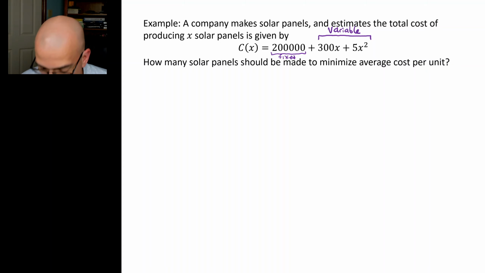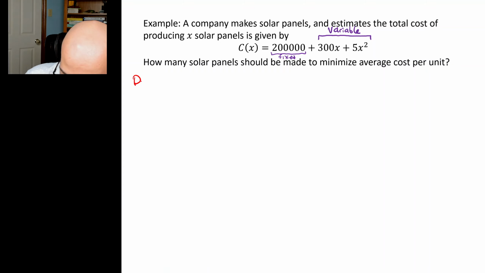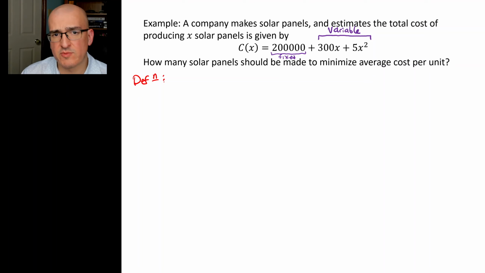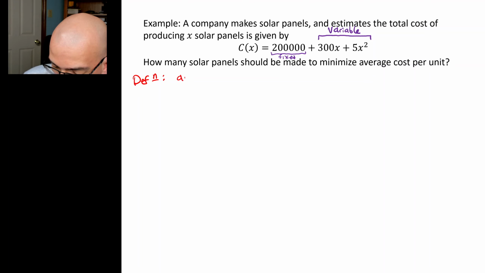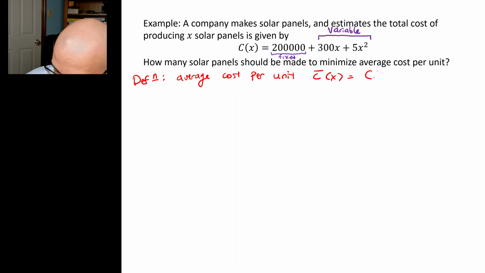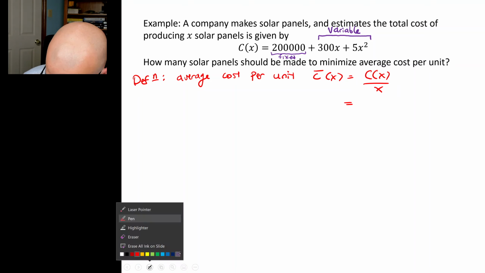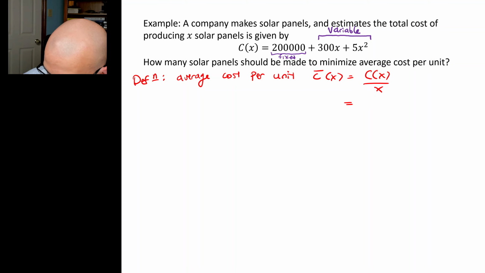So now we need the definition of the average cost per unit, which is on one of the previous slides. Definition: average cost per unit, C bar of x, is equal to C of x divided by x, which is 200,000 plus 300x plus 5x squared, all divided by x.